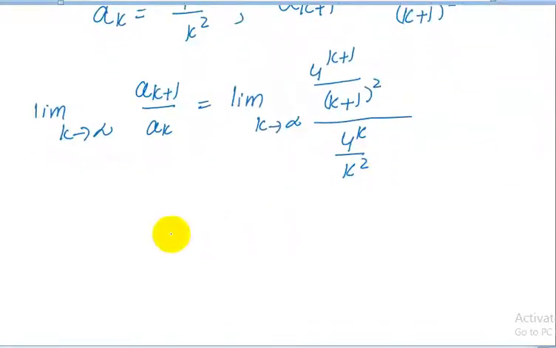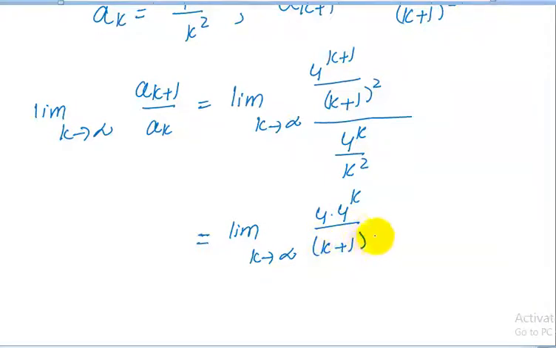This ratio can be written as limit k approaches to infinity of 4 into 4^k upon (k+1) whole square, into k square upon 4^k. Now 4^k is cancelled out here.